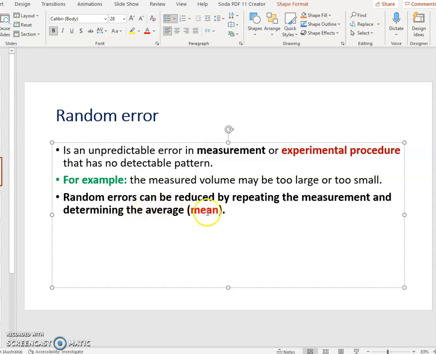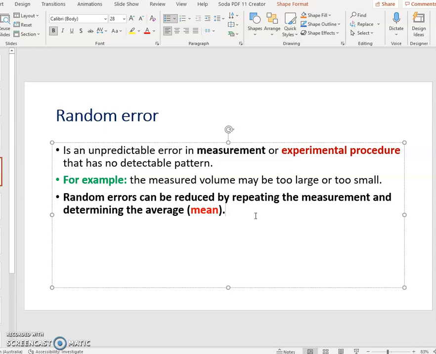So random errors can be reduced by repeating the measurement and determining the average. Essentially what that means is every time I do a trial, so in our experiment you did 3 trials per variation, every single time you do another measurement, there's potential for a random error.